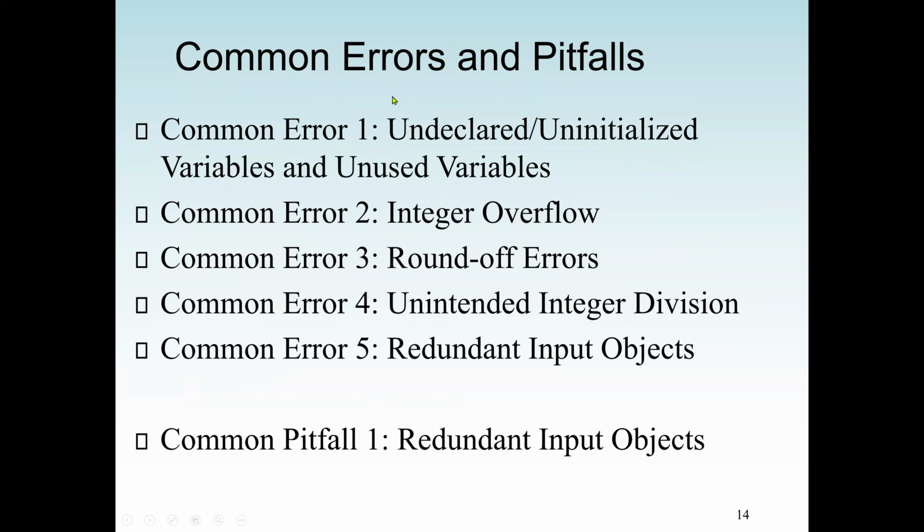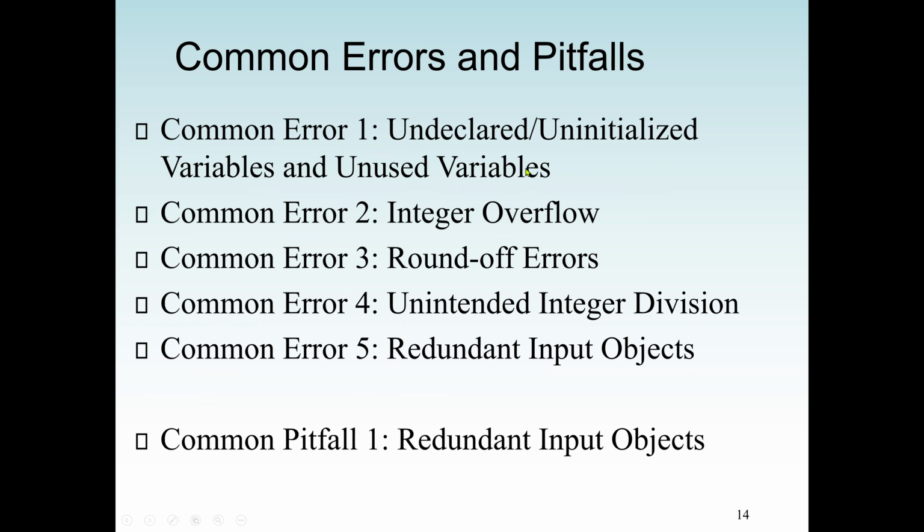So there are some common errors and pitfalls when we are writing programs, especially when we start with Java newly. These are a few errors that we should pay attention to. For example, we may use a variable that we didn't declare. That will give us an undeclared error.